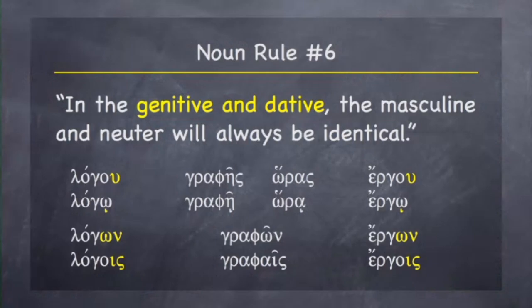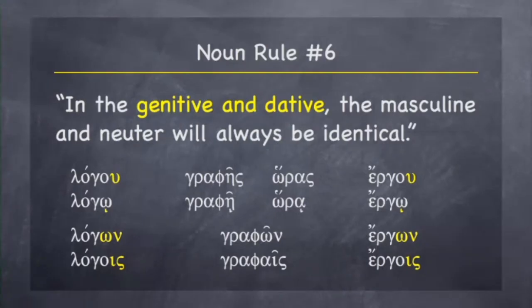Rule number 6. Again, this is something that we saw earlier, so this isn't going to be new, but here's the rule. In the genitive and dative, the masculine and neuter will always be identical. And by identical, I mean they'll have identical case endings. So you have logou, case ending in the genitive singular is an omicron upsilon.